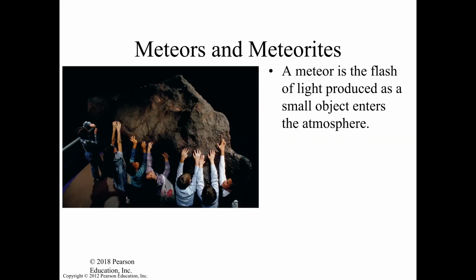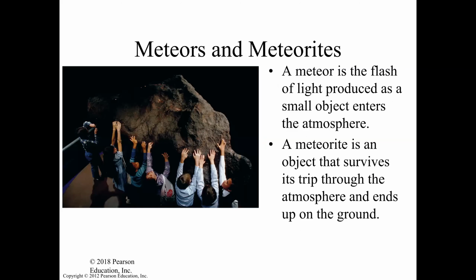So, meteors and meteorites. A meteor is a flash of light produced as a small object enters the atmosphere. Those lights, those burning flames that you see, are called meteors. But a meteorite is an object that survives its trip through the atmosphere and ends up on the ground.